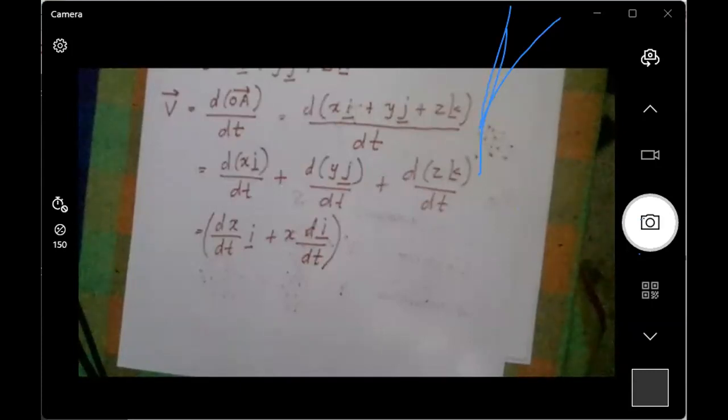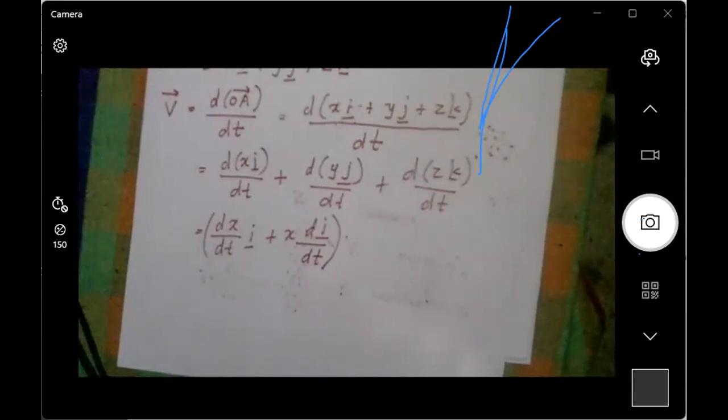These are unit vectors, so their size does not change. Then what can they change with respect to time? Unit vectors can change their orientation, right?